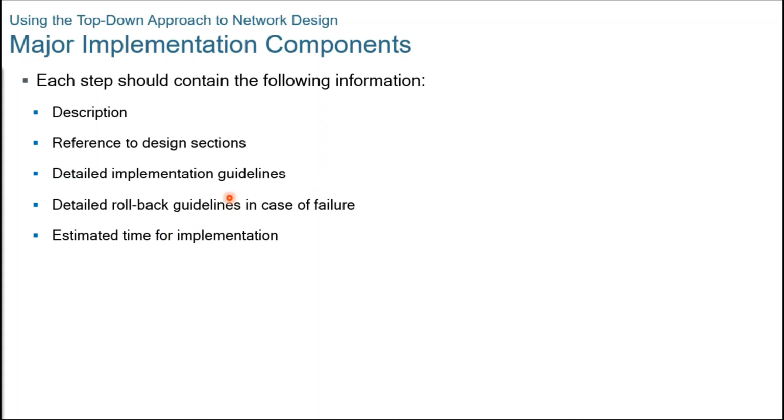The design implementation process. After the design is complete, the design implementation process is executed. So planning a design implementation. Planning and documenting the design implementation is the first step in this process. The design implementation description should be as detailed as possible.